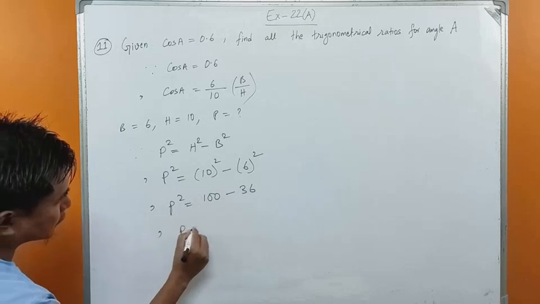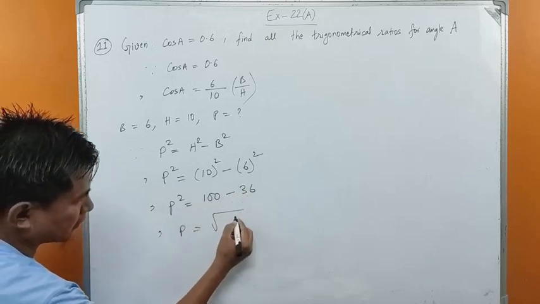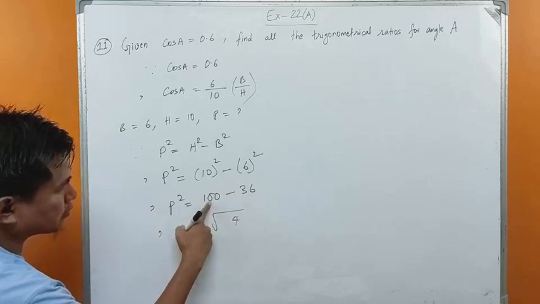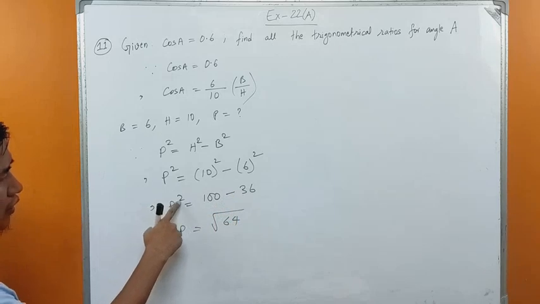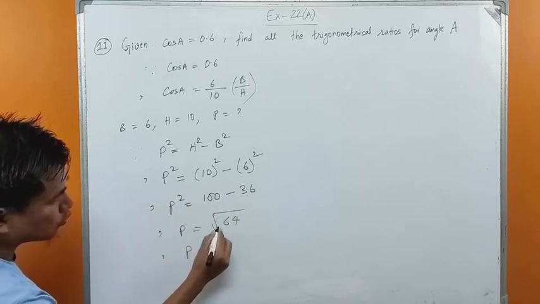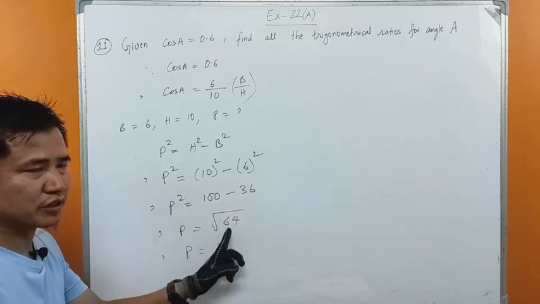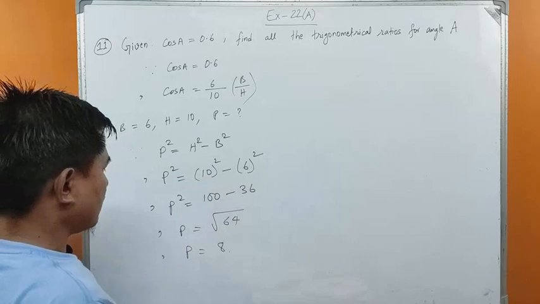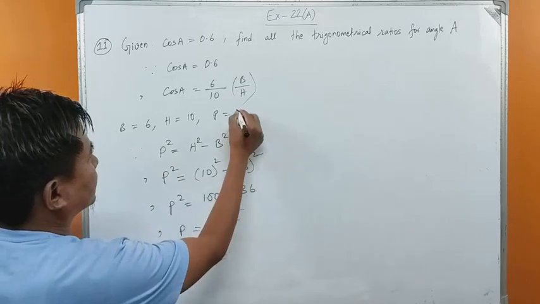So p square equals 64. The square goes to the right hand side and becomes root. Or p equals root under 64, which is 8. We found the perpendicular, so let us write 8 here.